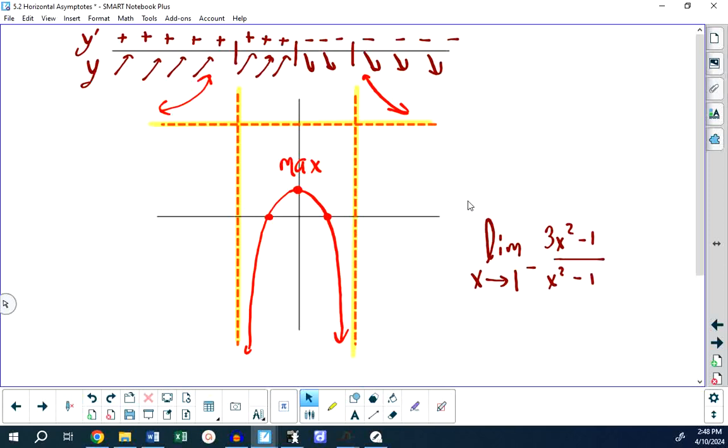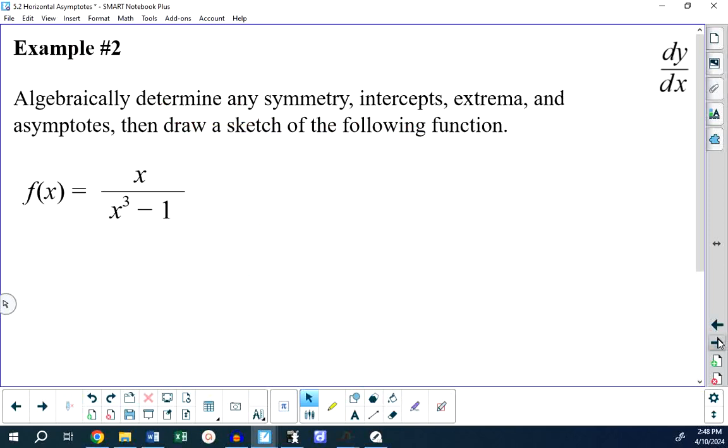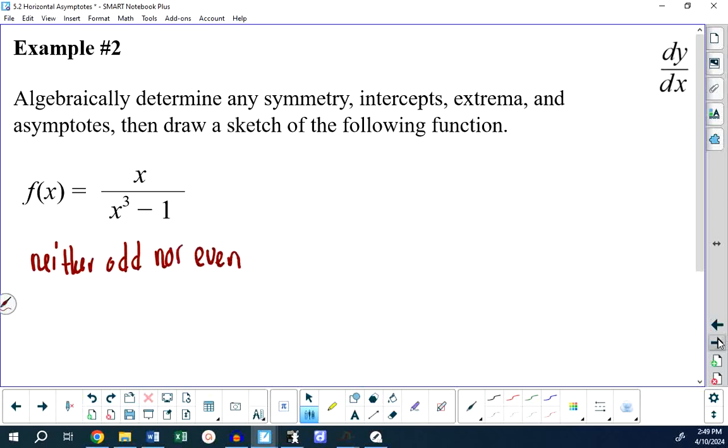Okay, let's pick up the pace now for the second one. We have this function. It's neither odd nor even, because if you put in negative x, here's what you would get.